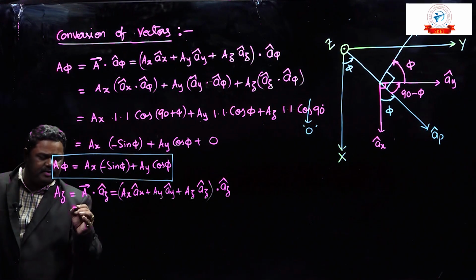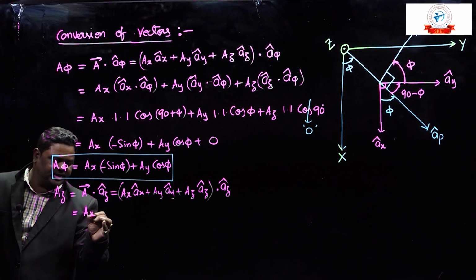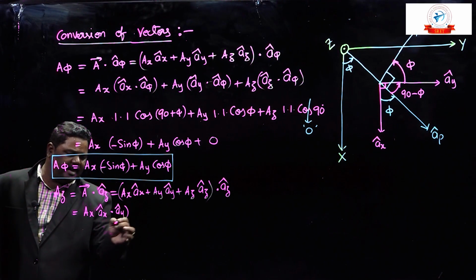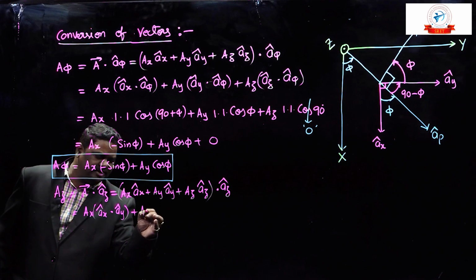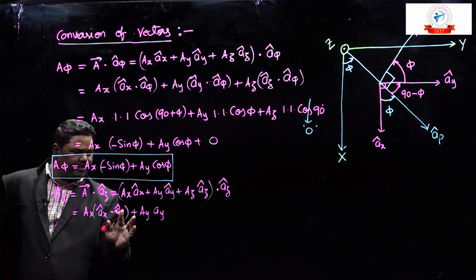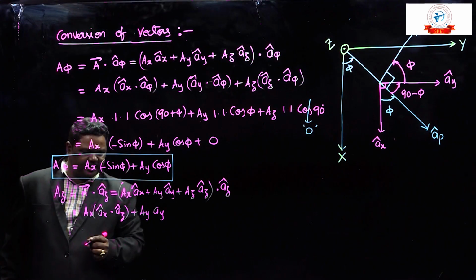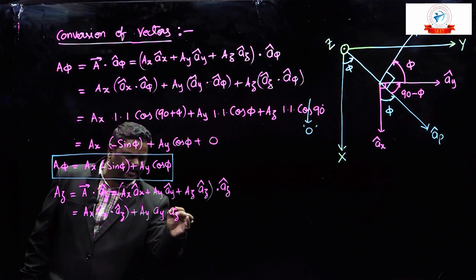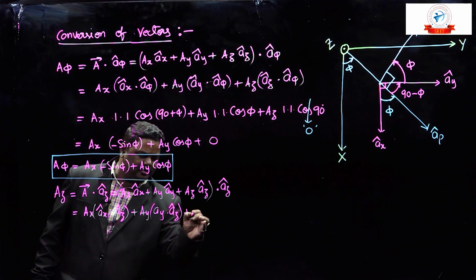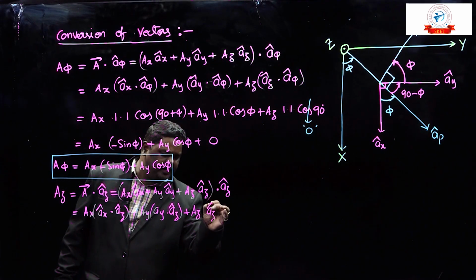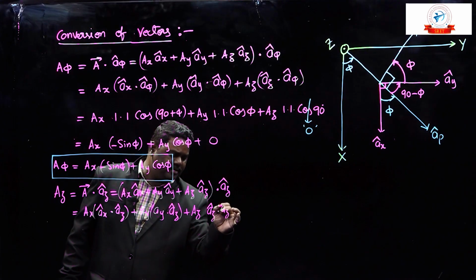Okay, so it will be x component into ax cap dot az cap, plus y component into ay cap dot az cap, plus z component into az cap dot az cap.